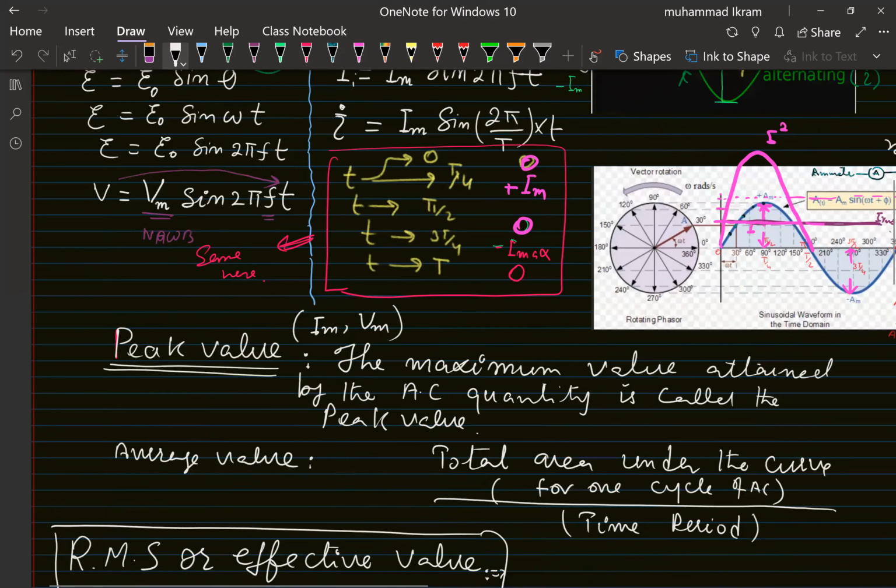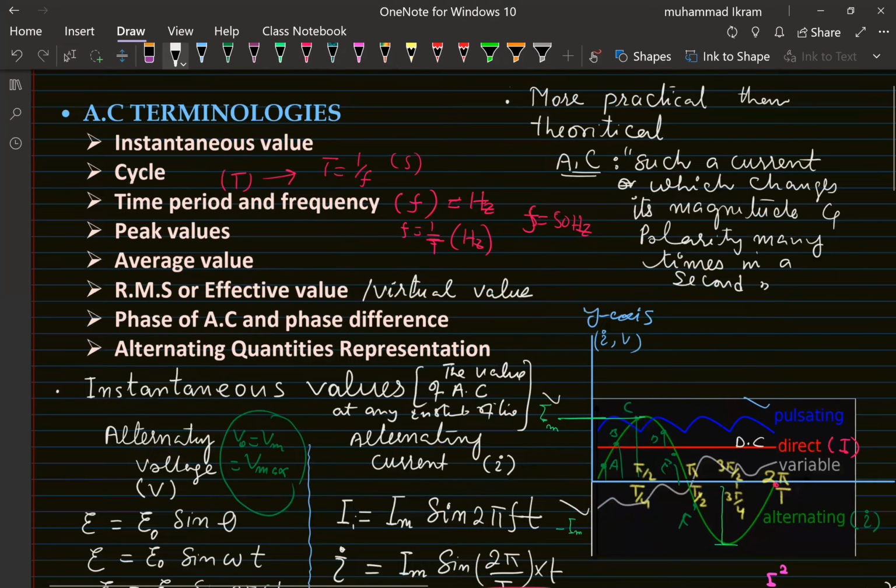Okay, now I planned to teach you the phase of the AC, phase difference and alternating quantities representation also, but the lecture will then be too lengthy. So I postpone these two topics and will carry them to my next lecture.